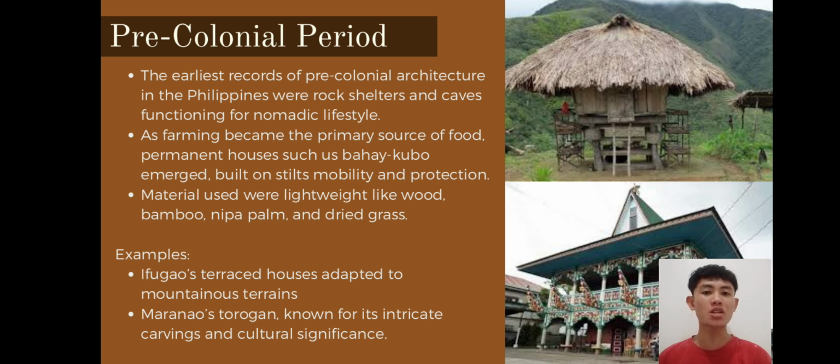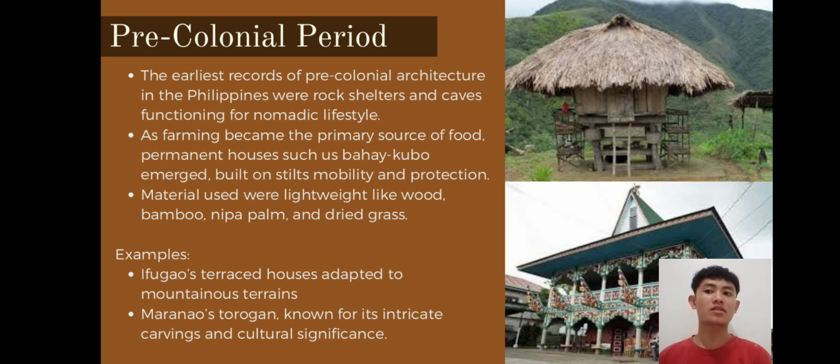These natural formations provided shelter for nomadic groups, offering protection from harsh weather and wild animals. These structures were rudimentary but served their purpose well in a time when mobility was crucial.